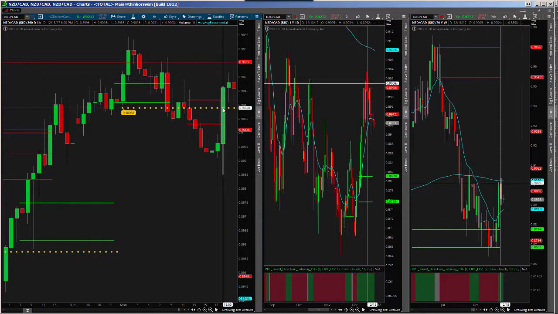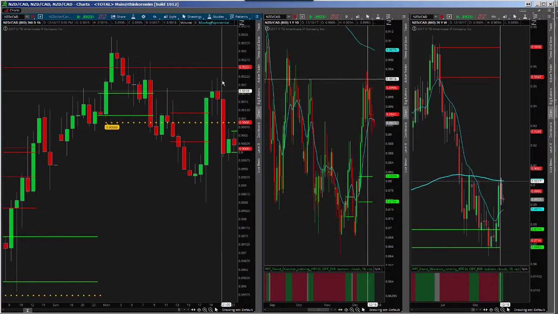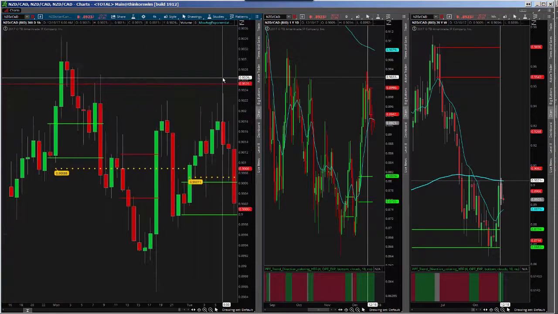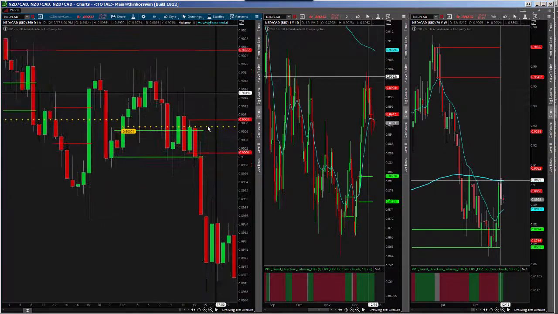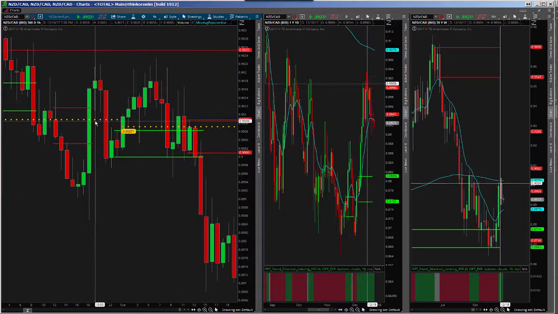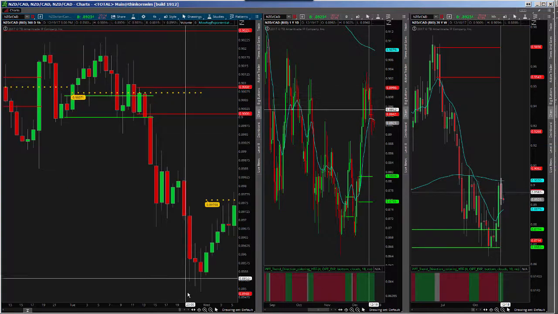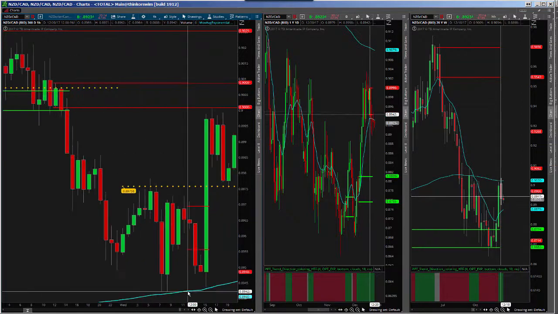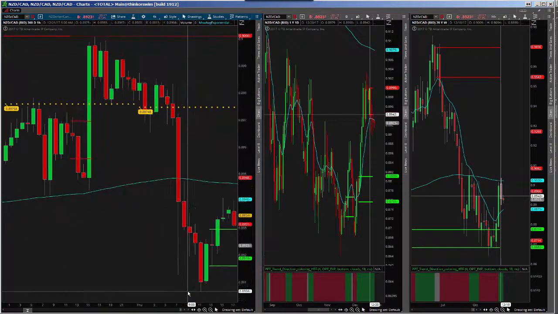Here would be a trade. 08. So looking for 89.08. And there's your target.